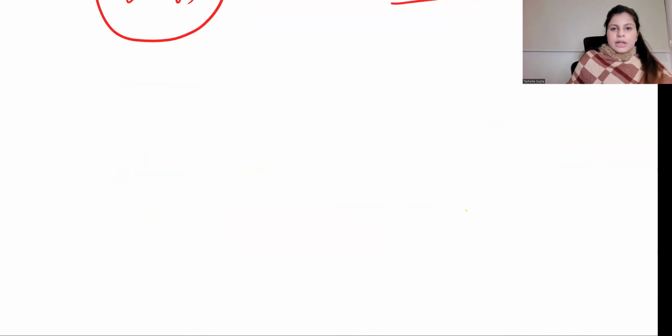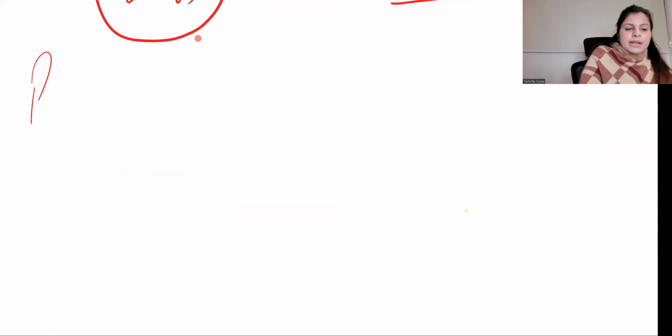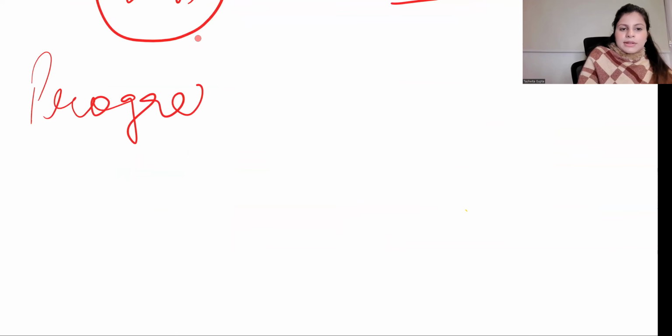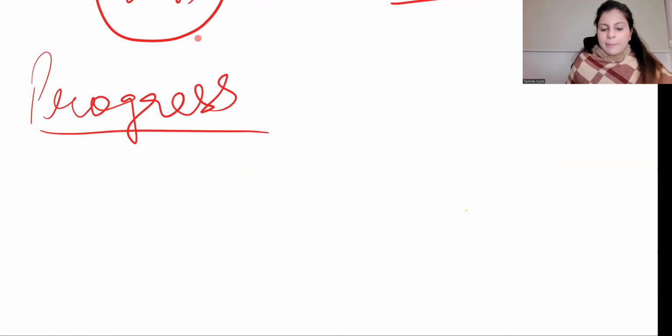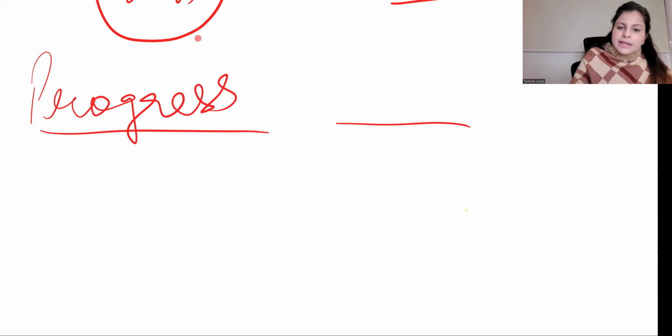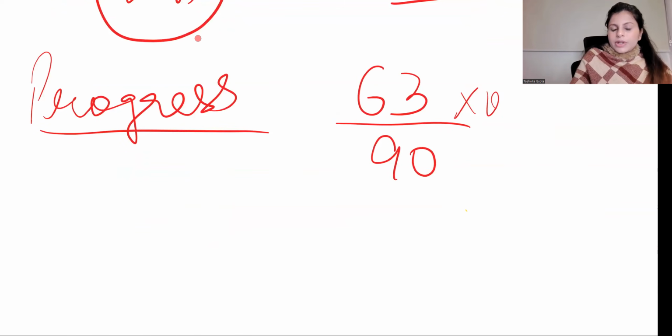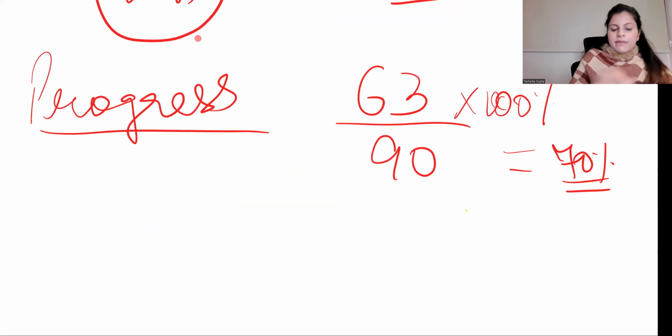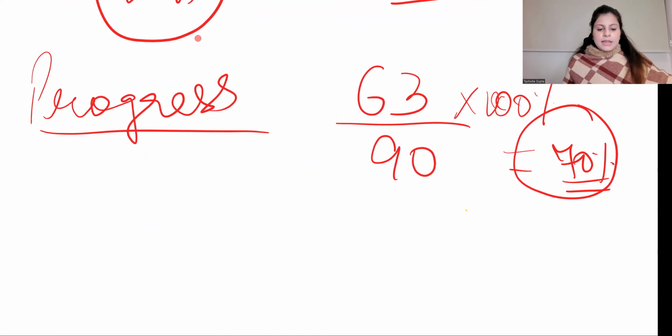So let's measure our progress, but then we'll record the full loss in our P&L. So my progress is based upon the work completed. Total price is 90 and they have said that we have done work of 63 into 100. What's the percentage of work done? 70%. 7 nines are 63. So 70% of the work is done.